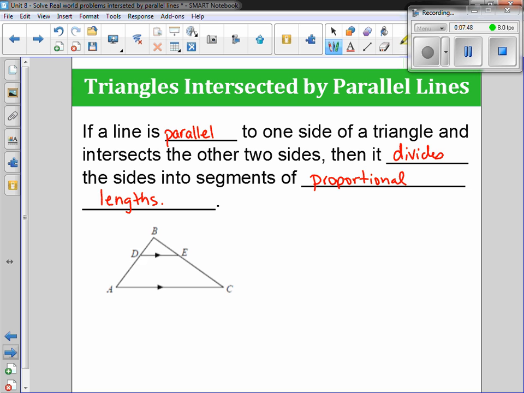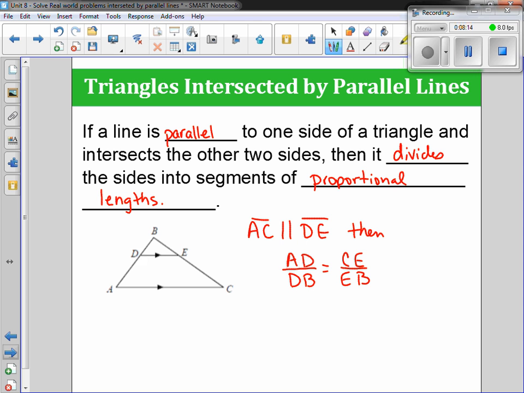What that means is that if I have 2 parallel lines, AC is parallel to DE, then I can say that AD is proportional to DB and CE is proportional to EB.